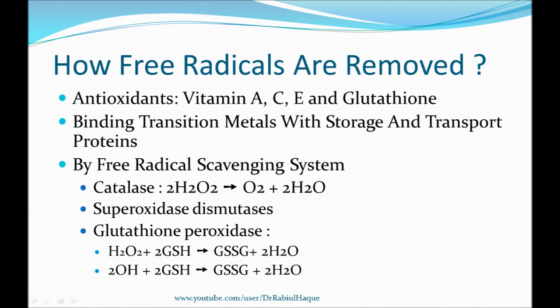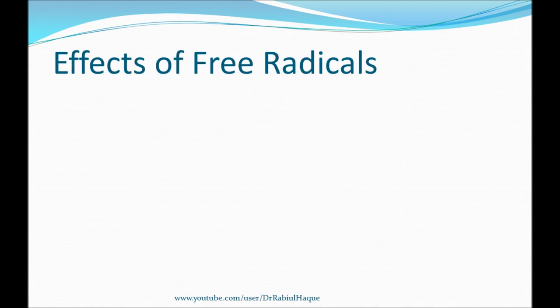So now that we have talked about how free radicals are produced and how they are removed from our body, now we will talk about a very high-yield topic, and that is, what are the effects of free radicals in our body, or how free radicals cause cell injury in our body. Now always remember, the effects of free radicals in our body are very widespread.